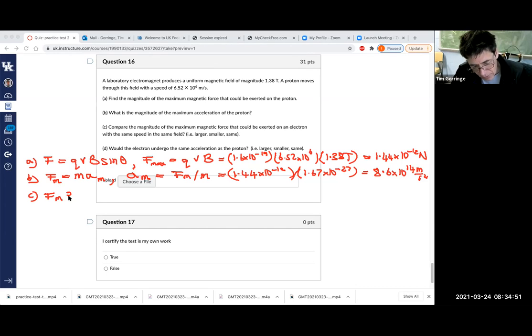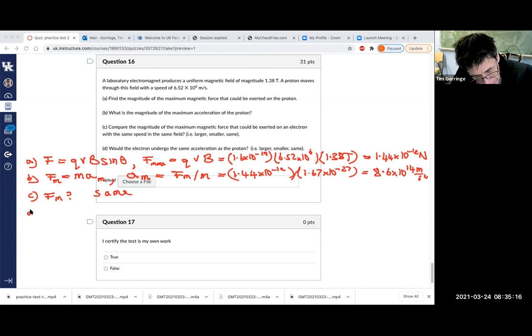It has the same field that it's immersed in as the proton. And so the maximum force for the electron, which is its charge times its speed times its field, is going to be the same as the maximum force for the proton, because it's the same charge, the same speed, the same field. So the force is the same.